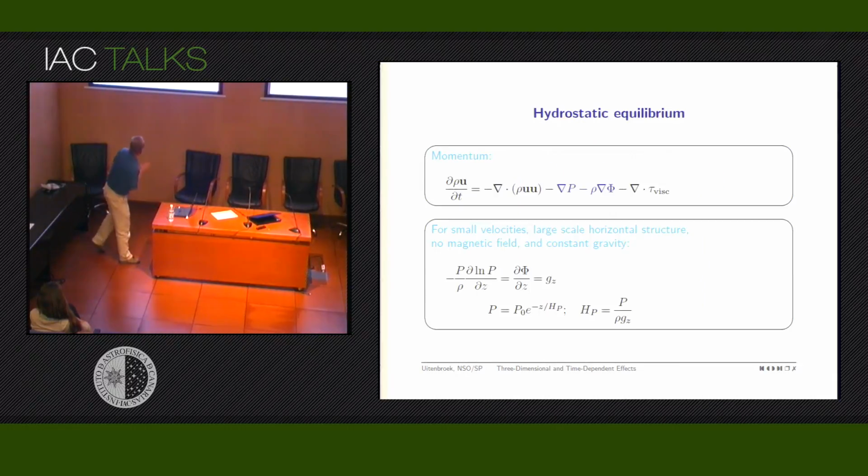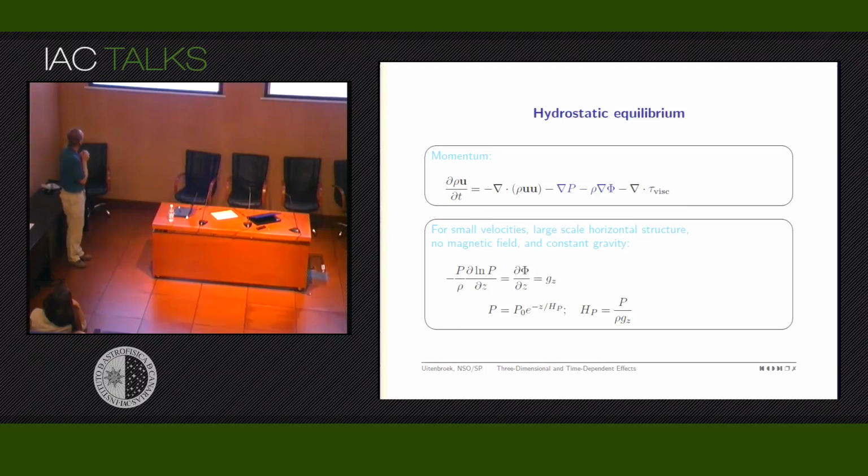So coming back to the equation, and in particular the momentum equation, how can we simplify our thoughts? Because if we need to do a full MHD solution of all these equations, this is a very time-consuming process, especially if we have to take into account the radiative losses and the radiative gains.